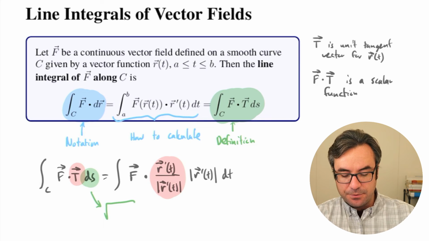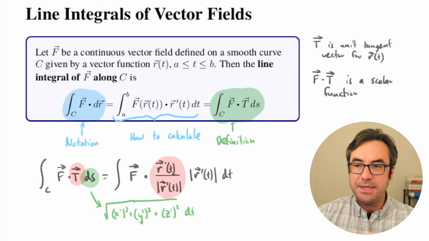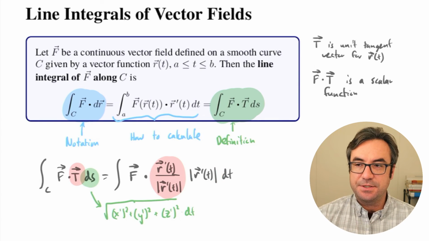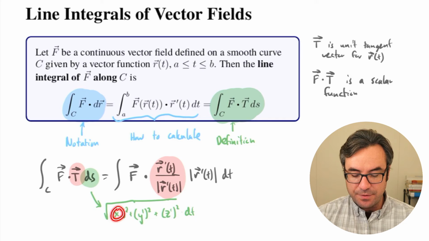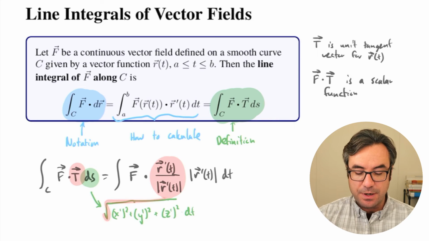Well, it was the square root of x prime squared plus y prime squared, and if we're in 3 dimensions, z prime squared, and then we multiply by dt. And that's what this gadget is. It's the derivative for each of our component functions, and we square each of them, add up the results, and then do the square root. So that's the length of r prime.